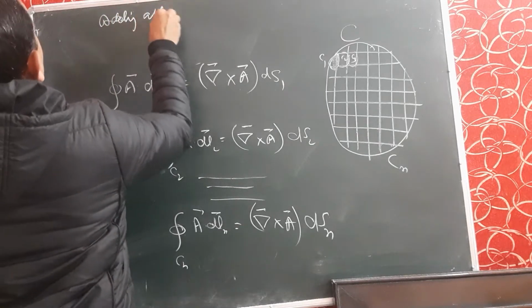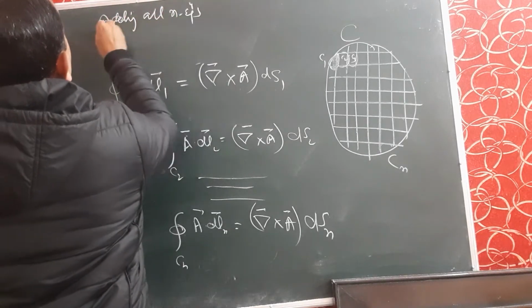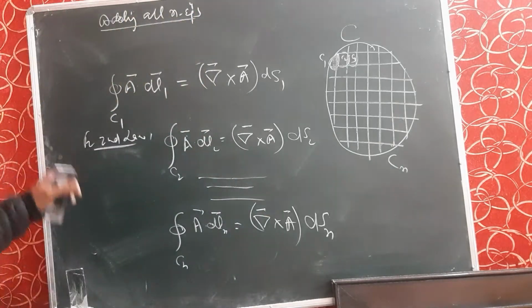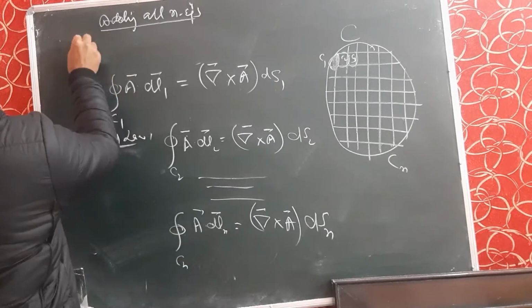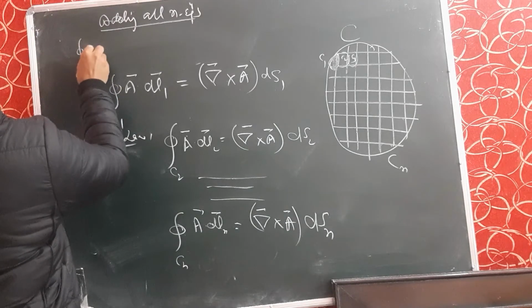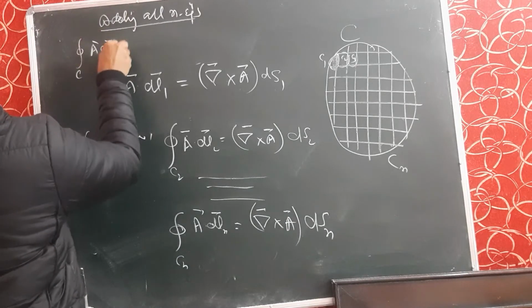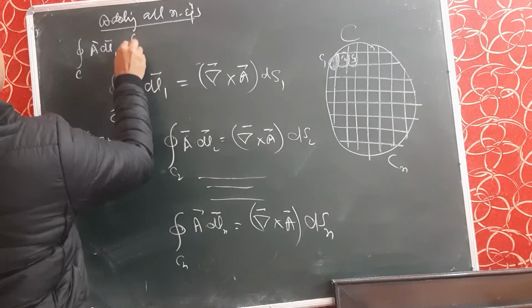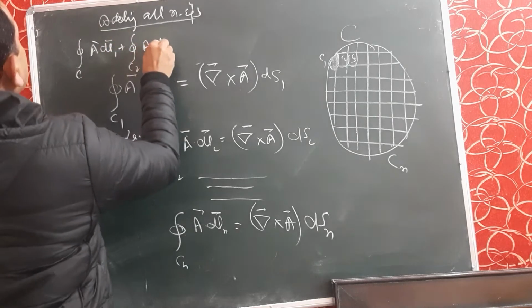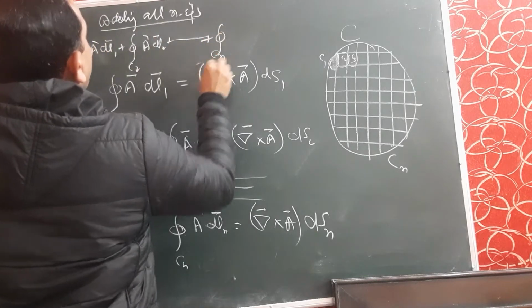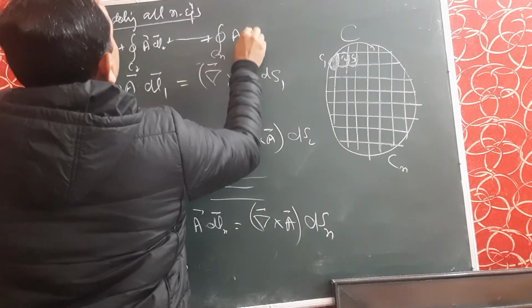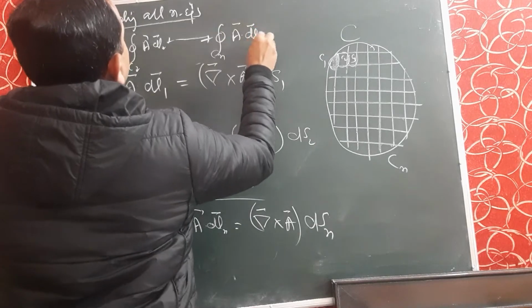Adding all n equations, on the left hand side you will get the integral for closed loop 1 of A dot dl1 plus the integral for loop 2 of A dot dl2, and so on, up to the integral for closed loop n of A dot dln.